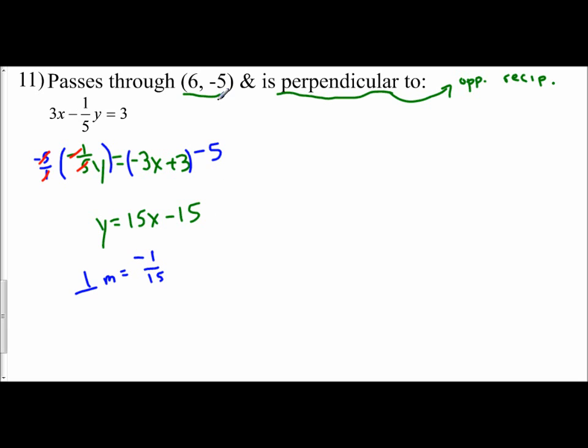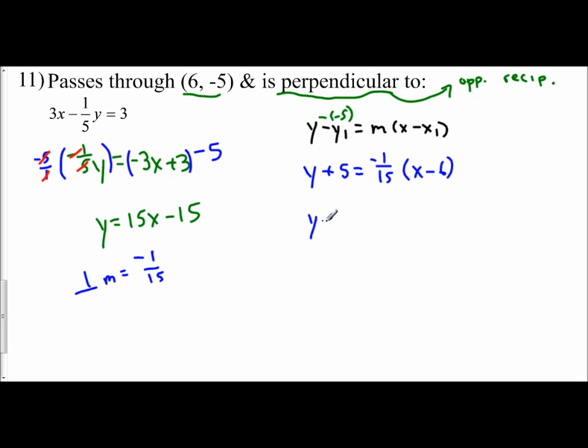And now that I have a point and I found the slope, I'm going to use, for this example, my point slope form approach. y minus y1 equals m times x minus x1. So y minus a -5, which really means plus 5, equals your slope, which is -1/15, times x minus x1, which is 6.